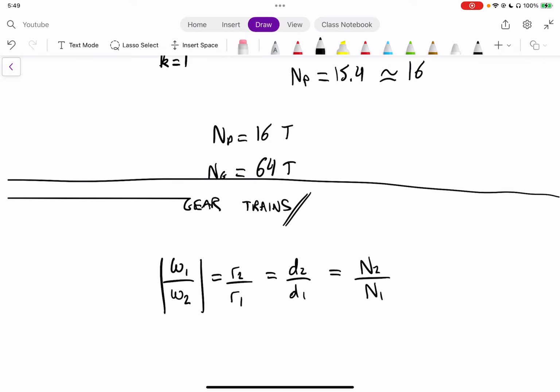So the ratio between the number of teeth and the diameters is also going to be equal. This is a new thing, and we're going to talk about why this new thing is important.